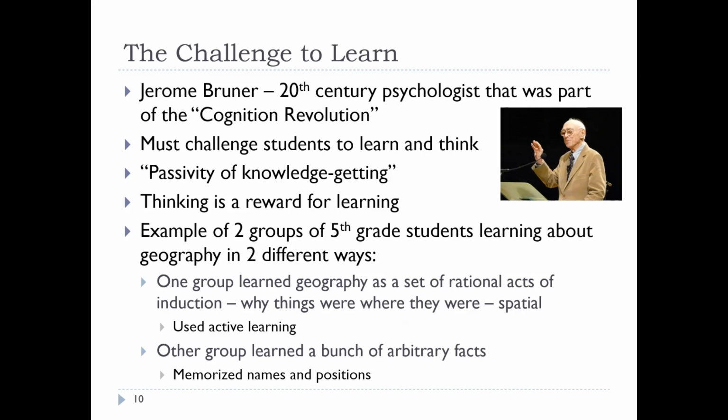One of the examples he used was two groups of fifth graders learning about geography. One was learning it as a set of rational acts using induction, using active learning, looking at where things were and how they related to each other and how they were connected. A lot of spatial information was given there. The other group was given a bunch of arbitrary facts that they memorized, the names and positions of things.